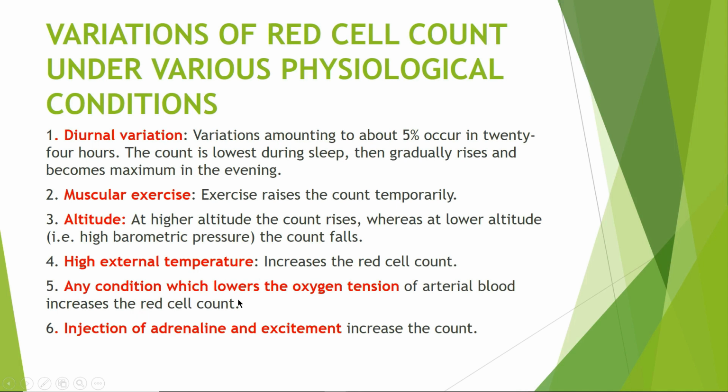Any condition which lowers the oxygen tension of arterial blood increases the red cell count, and this is normal because in hypoxic conditions, when oxygen is lower in amount, our red blood cell count starts increasing to grab more oxygen from the atmosphere. An injection of adrenaline and excitement increases the count. So adrenaline or other exciting hormones, when injected, and steroids also increase the count of RBCs.